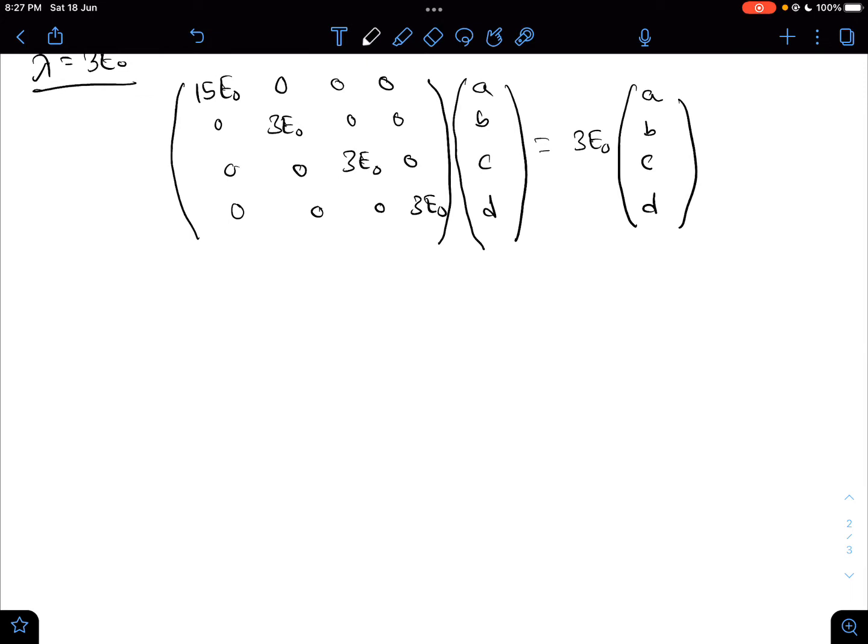From the first condition, 3 E0 A equals the first component, which means A should be 0. From the second condition, 3 E0 B should be equal to 3 E0 B, so B can take any value.